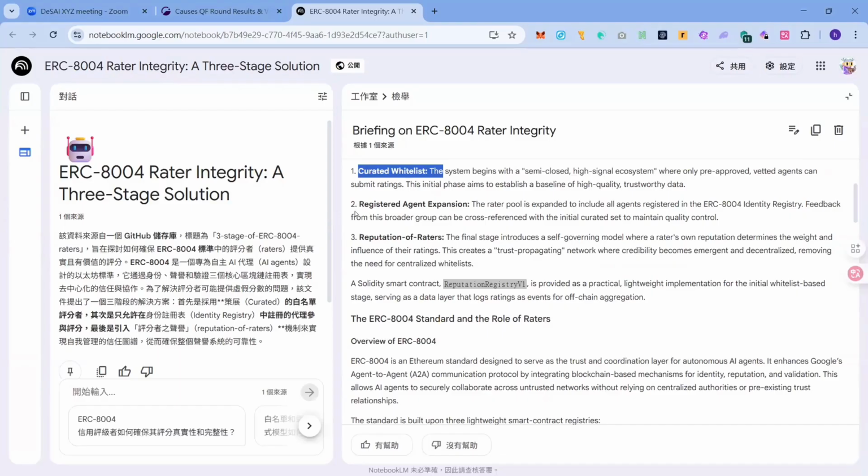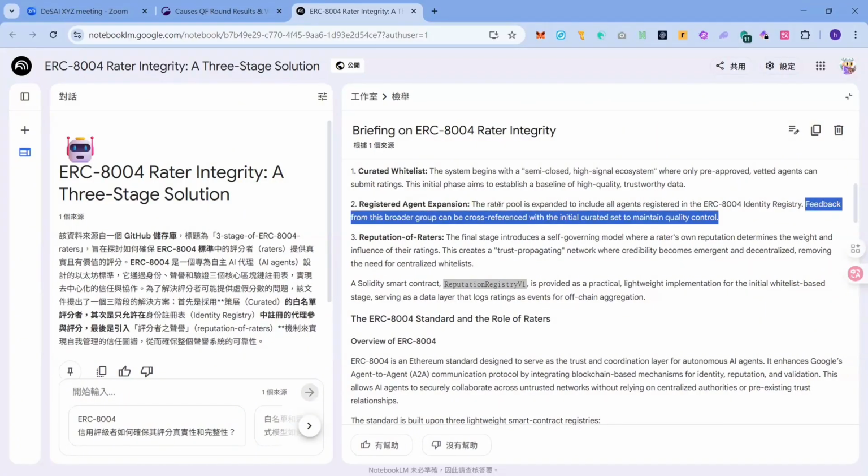And then we also have another score which is from the registered agent. While checking off our database, we can have some feedback from broader groups and cross-reference the initial score to see whether it is a little bit different from the previous QA whitelist, or whether we can trust the expansion for the registered AI in ERC-8004 about that rating.